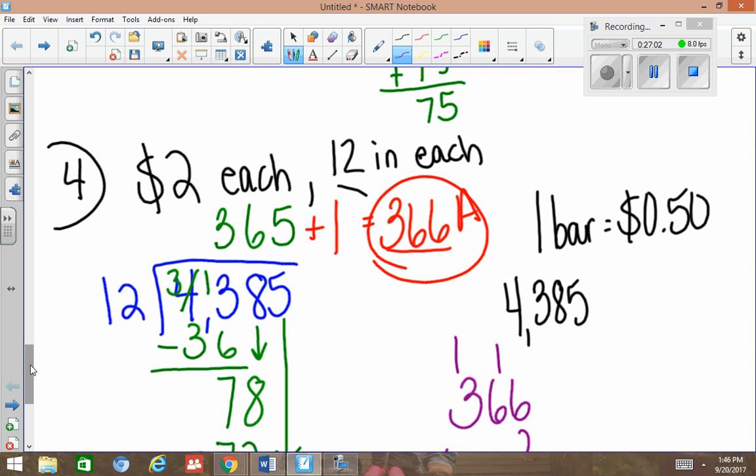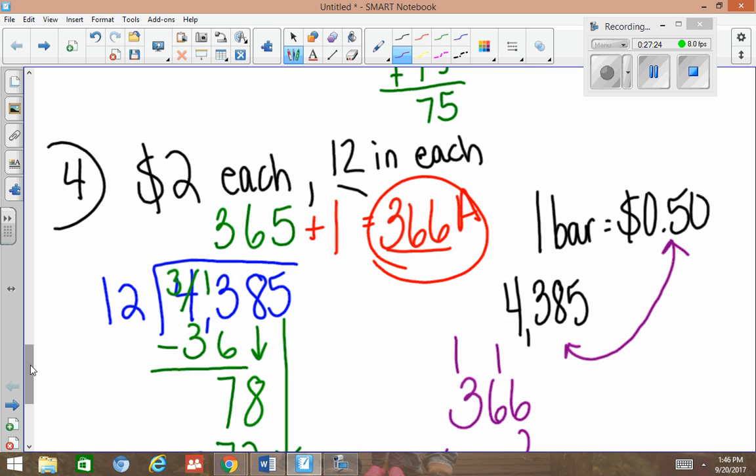He sold 4,385. Okay, so how do I know, and this is getting us into money, but that's okay because we can do it. What can I do with these two? Is it divide? Multiply. It's multiply.